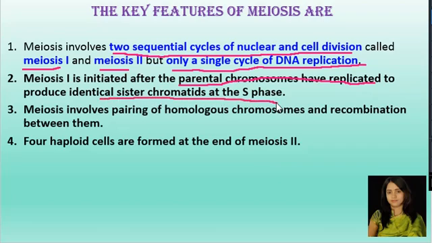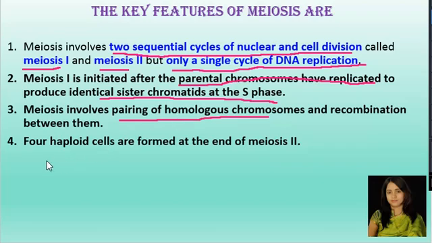I will explain what these sister chromatids are. Another key feature of meiosis is that it involves the pairing of homologous chromosomes and recombination between them. Later we will understand what homologous chromosomes and recombination are. For now just remember this.